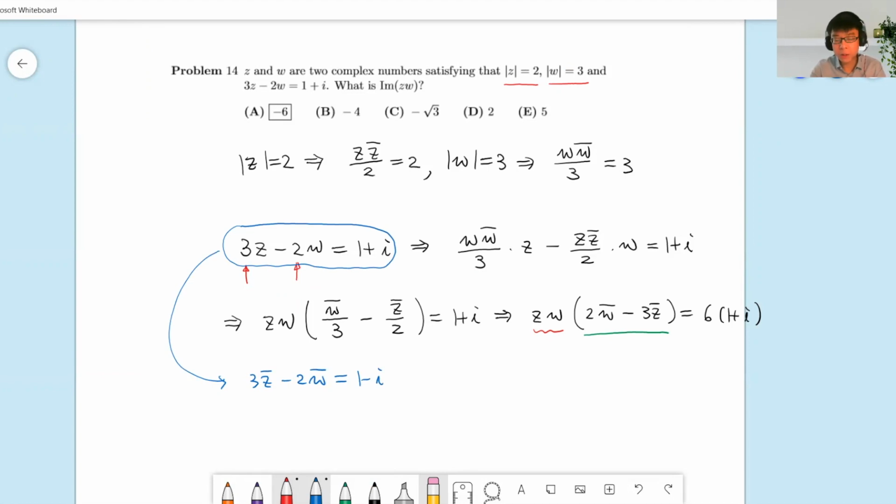We just add another negative sign. Implies 2w conjugate minus 3z conjugate equals negative 1 plus I.